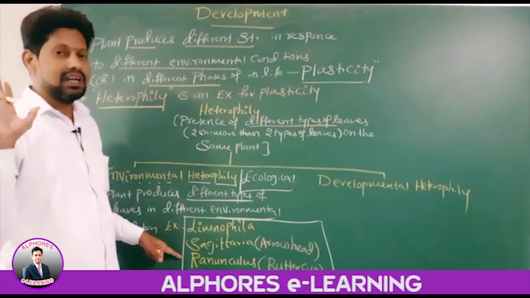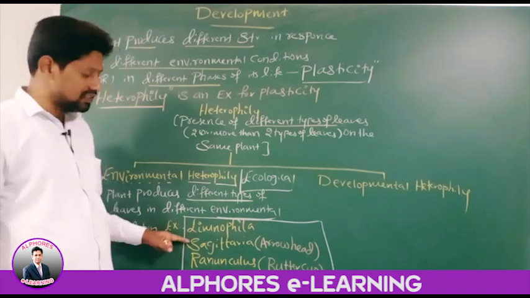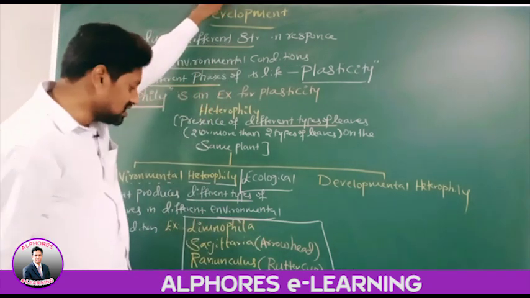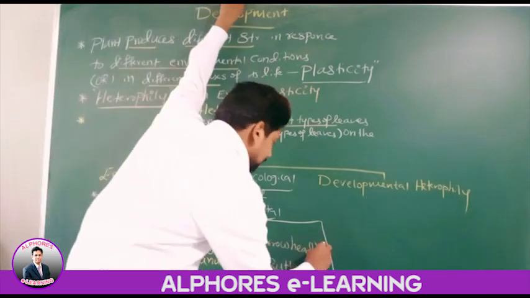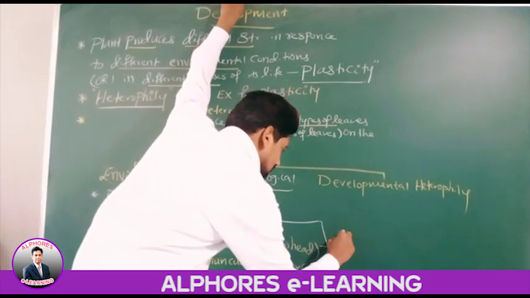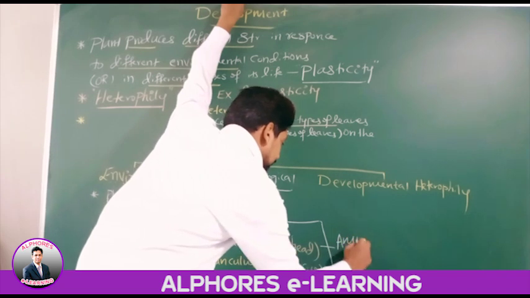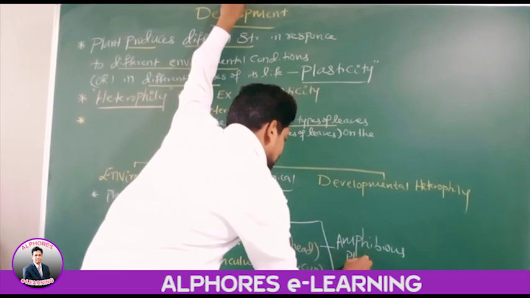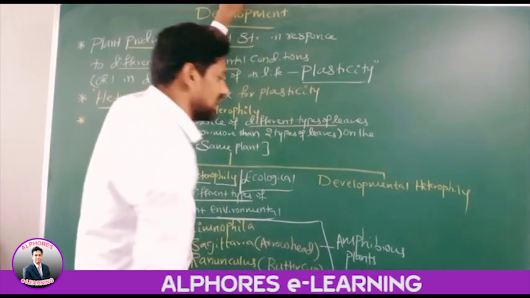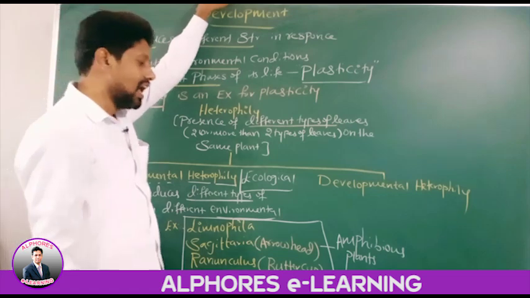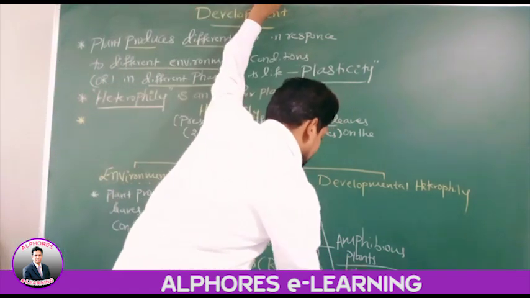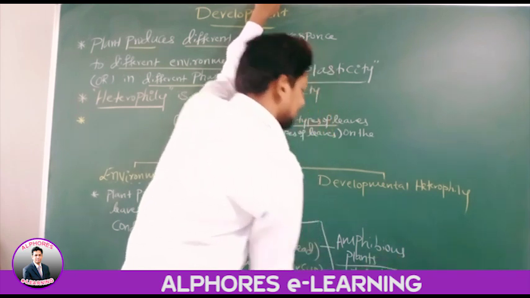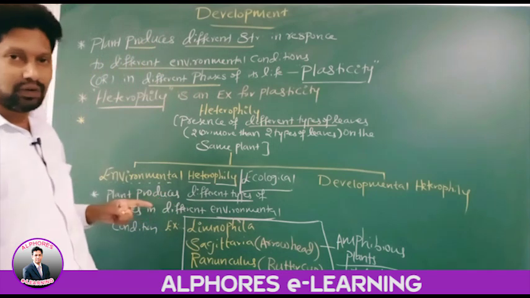In these 5 types of hydrophytes, these 3 come under which hydrophytes? Amphibious plants. I am not saying amphibian, I am saying amphibious plants. Amphibious plants are a type of hydrophytes. Is this statement okay? Right.